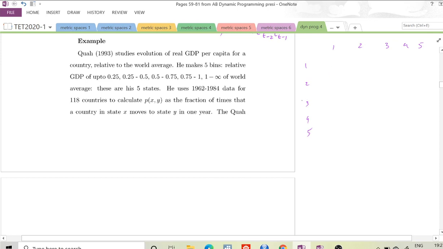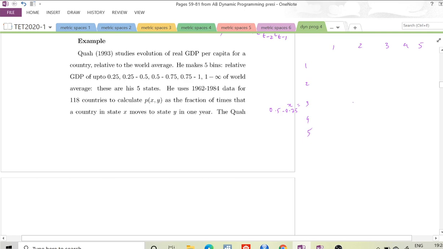And I'll calculate for each state X. So let's say this is state X, middling kind of. The third is 0.5 to 0.75 of the world average GDP. So suppose there was a country which in 1962 had a GDP that was between half and 3/4 of the world average, right?